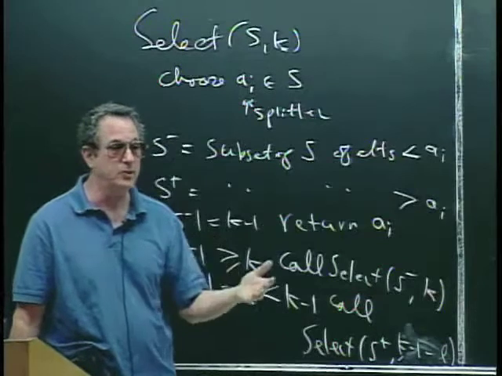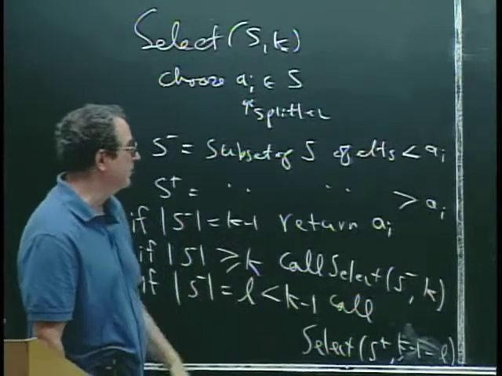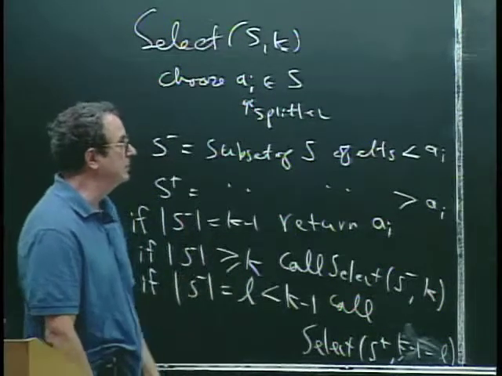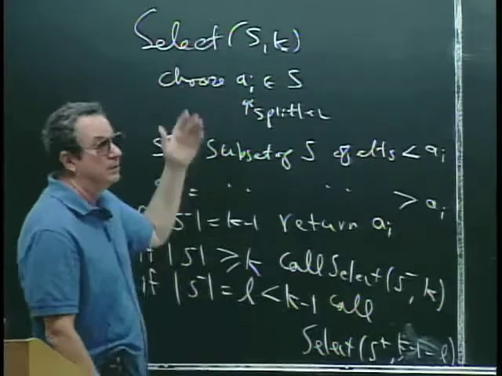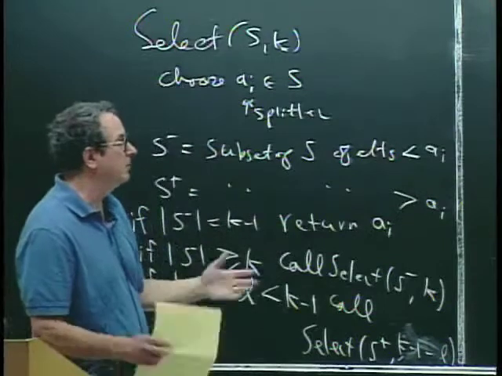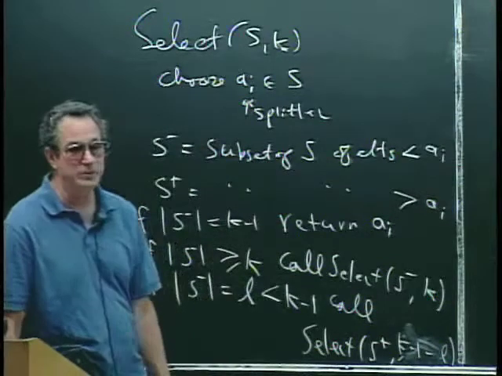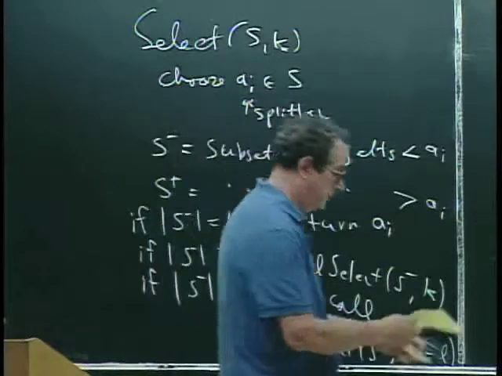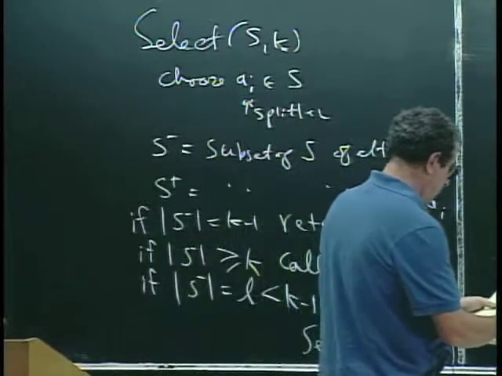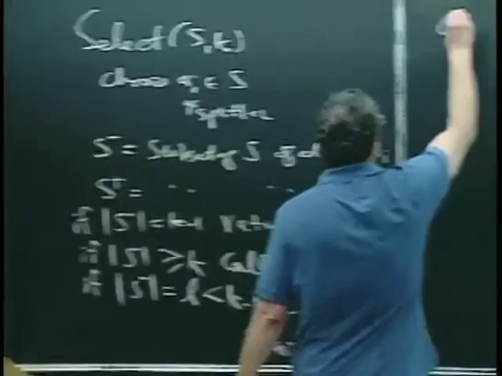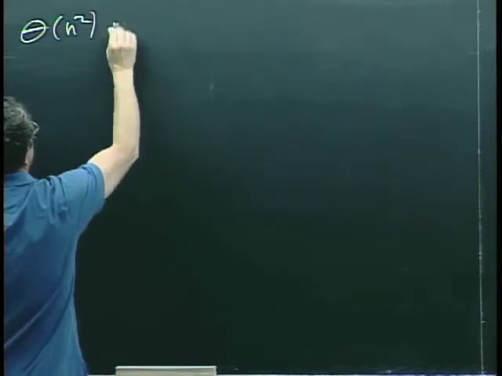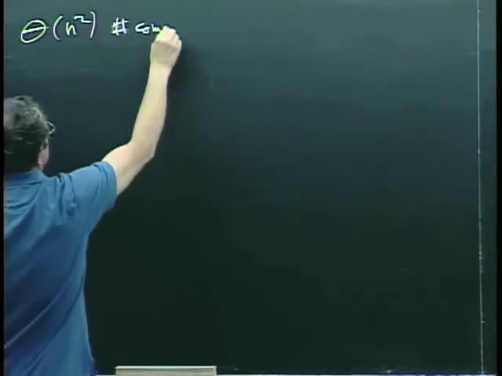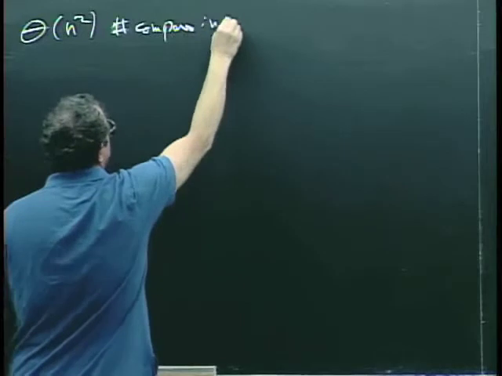So you have a summation, essentially, from 1 up to n, or if you're looking for the median, n over 2 up to n, whatever, all those things are of the order of n squared. Okay? So this is, well, let me make it theta, n squared comparisons in the worst case.